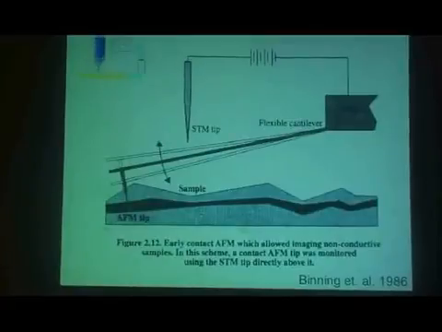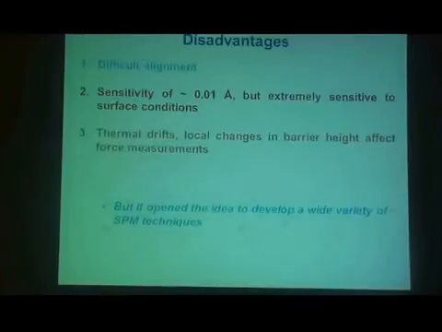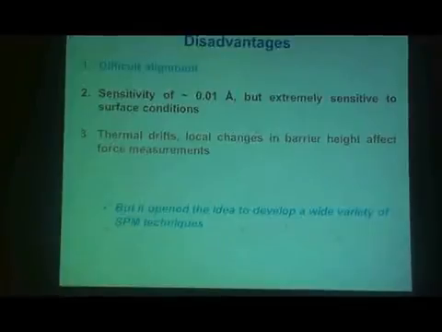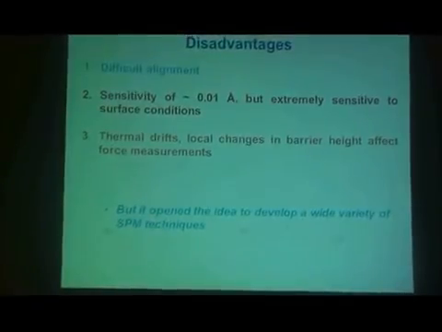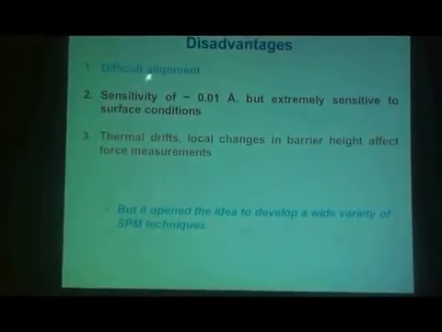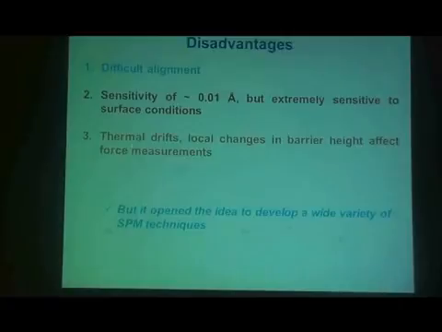Okay, so this is the first type of AFM developed, but the problem is how you are going to use such an instrument.